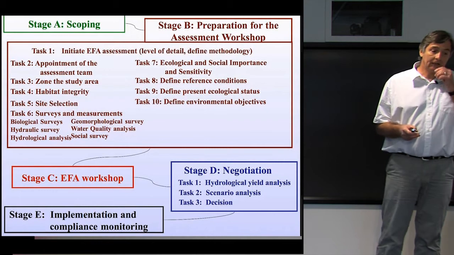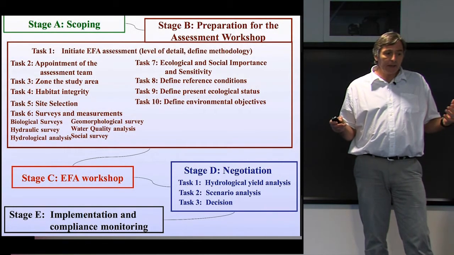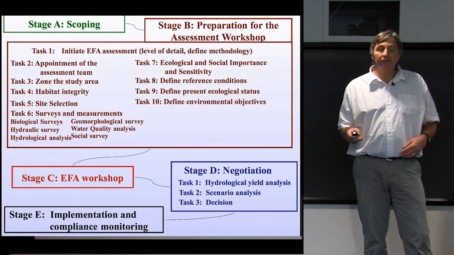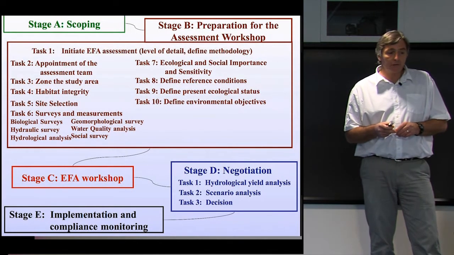So I've called Stage A scoping, where one's looking at the river generally, doing a general survey of the river to get an idea of the whole study area of interest.